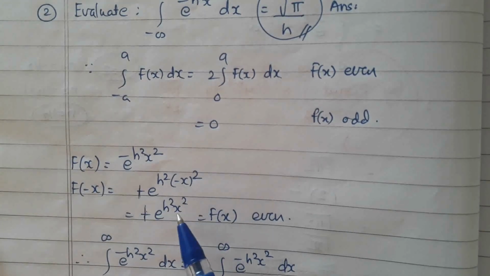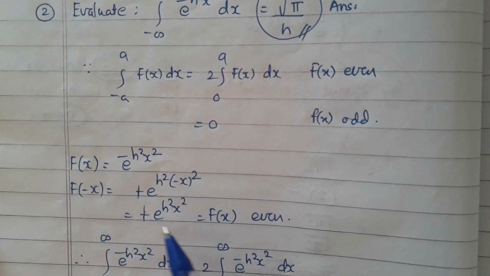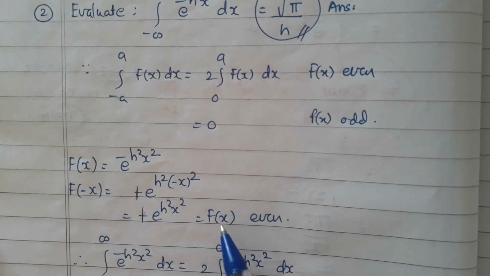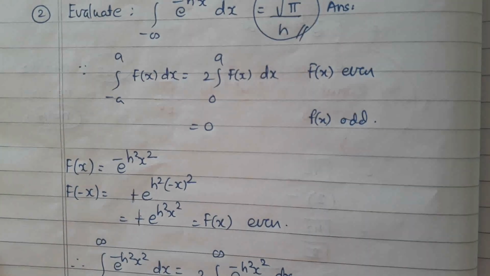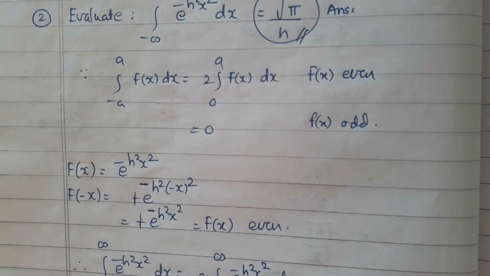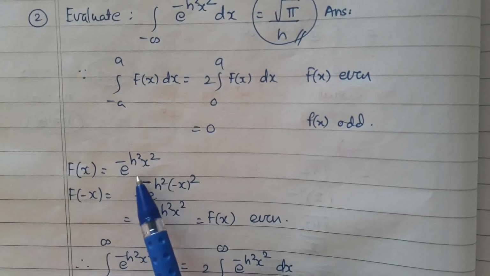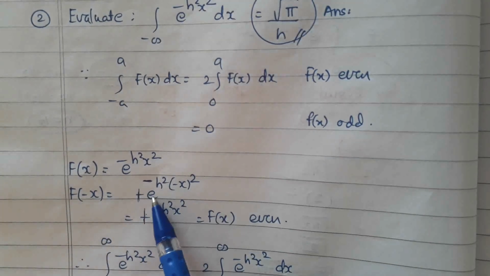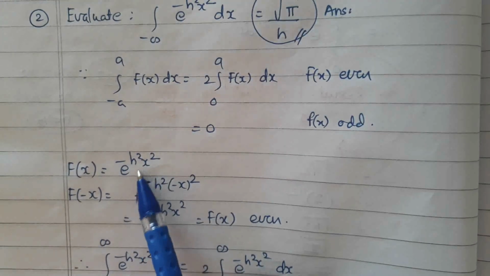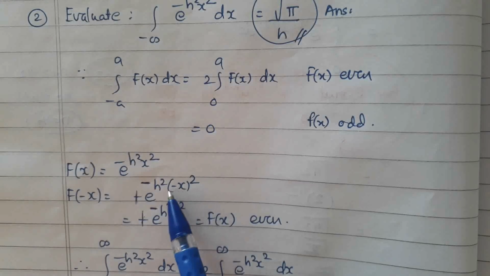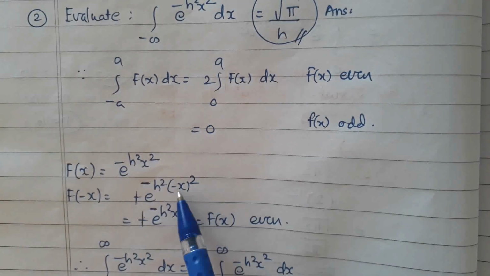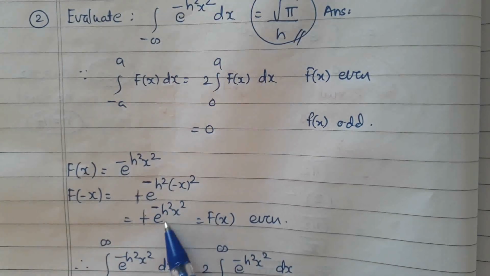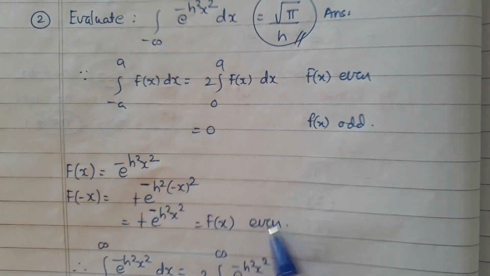Minus x square becomes x square, and this is the original function f of x. The function f of x is equal to e raised to minus h square x square. Replace x by minus x, so minus x square becomes x square. The function is as it is, that means this function is an even function.